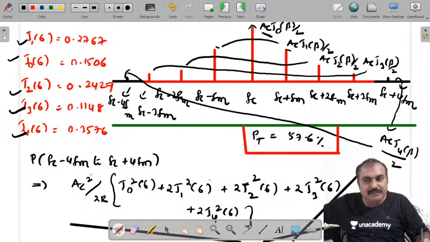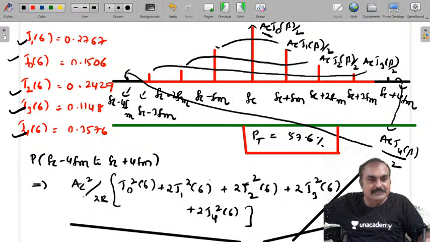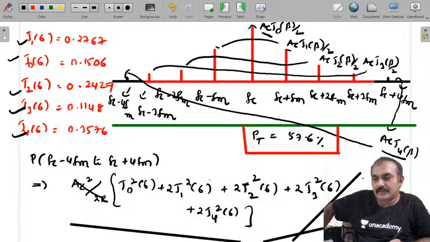He is asking this one, and this gets cancelled out. He is asking the ratio of all the powers divided by the carrier power. Now Srinivas, is your doubt clear? Yeah, now I think your doubt is clear.